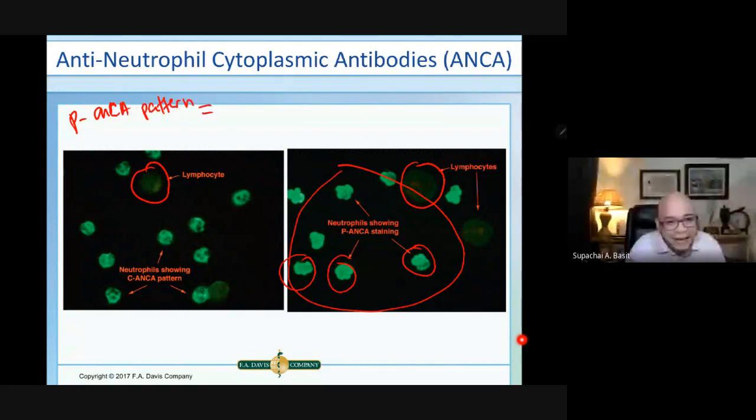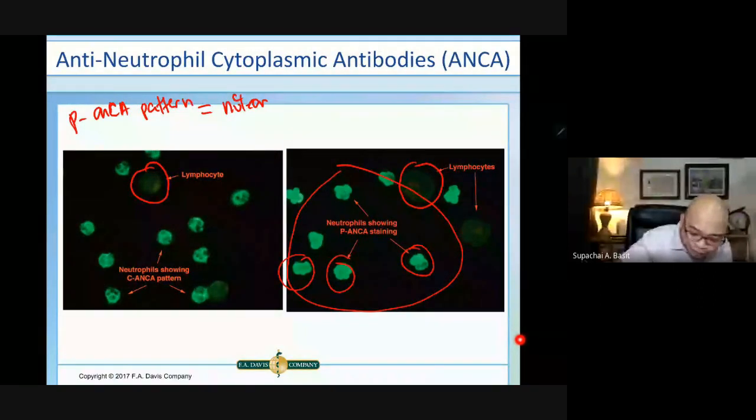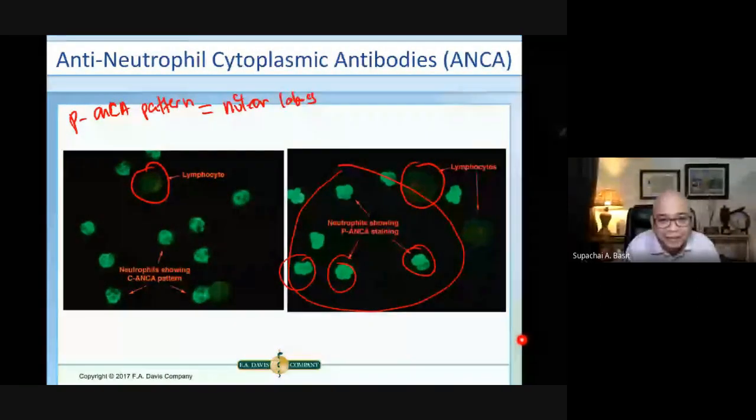So the p-ANCA pattern is actually fluorescence that surrounds the nuclear lobes. So you have to look for the presence of fluorescence in the nuclear lobes, blending them together.